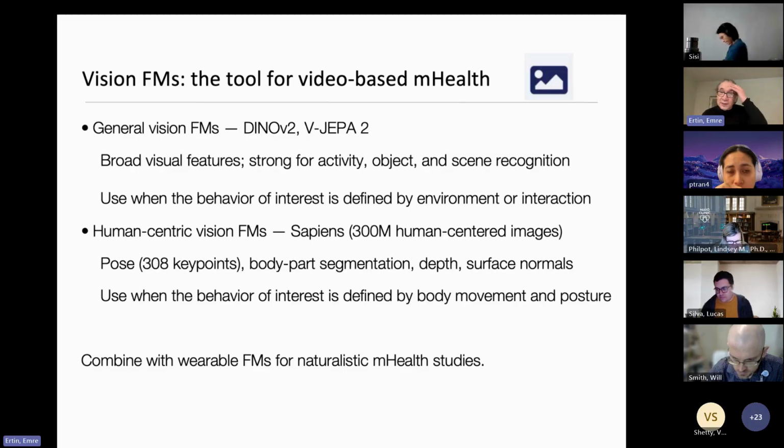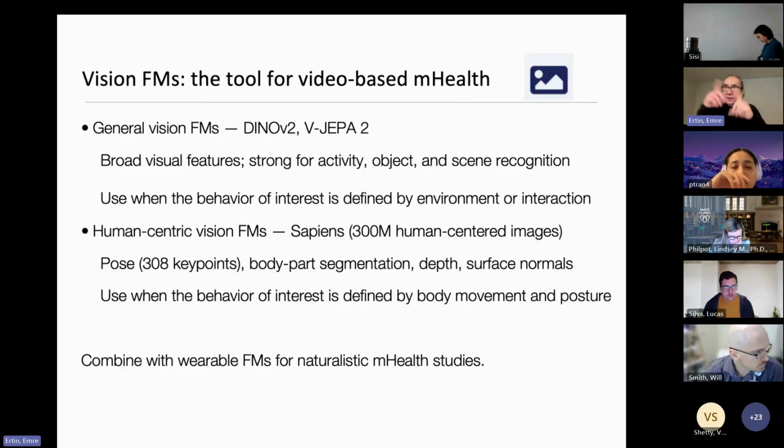They trained using 300 million images, learning how a human shape evolves over time, etc. And then they also trained lightweight inference heads that can do body part segmentation, depth from a single image, surface normals, and especially the pose of a person.